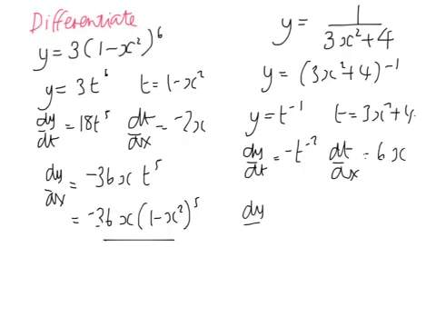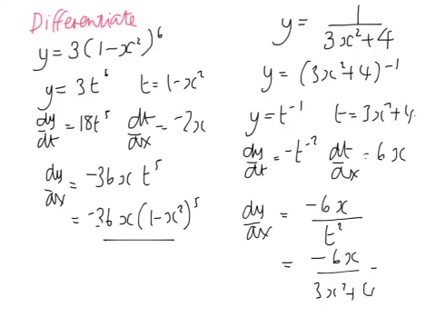So putting the two together to give us dy by dx, we've got minus 6x, got the minus from the first one, and it's multiplied by t to the minus 2, so I'm going to write that as t squared on the bottom of the fraction. So we've got minus 6x over 3x squared plus 4, which was what t was, squared.